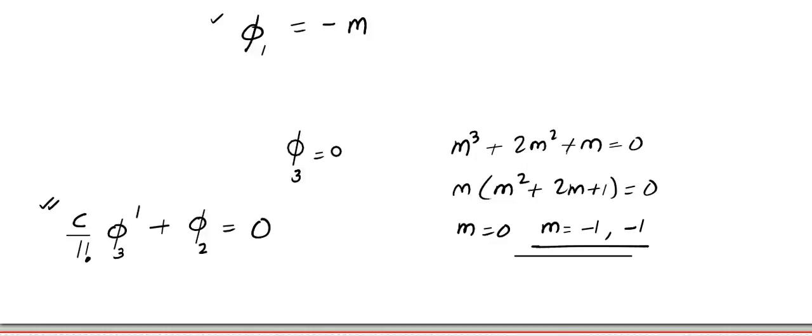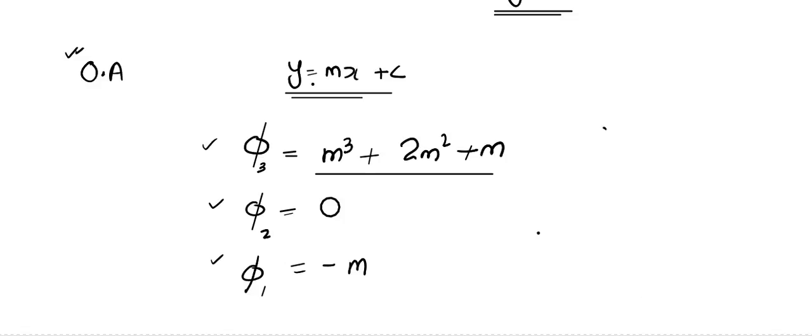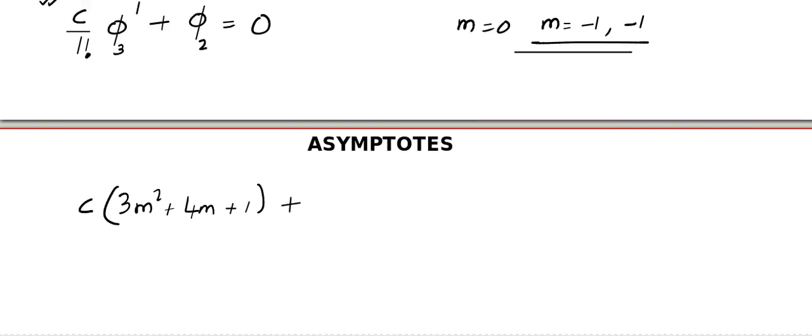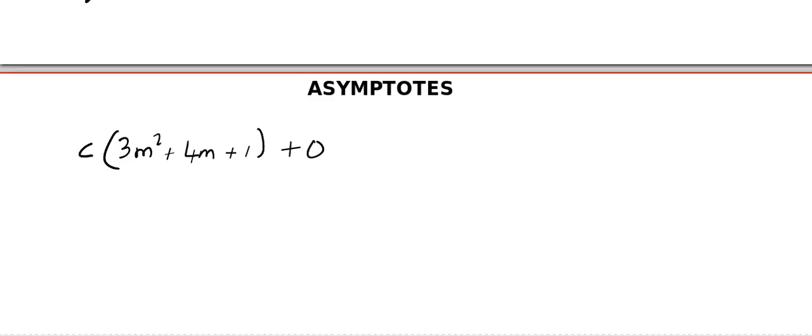Phi 3 dash means derivative of this. So phi 3 dash will be 3m square plus 4m plus 1, plus phi 2 is 0, so plus 0 equal to 0.